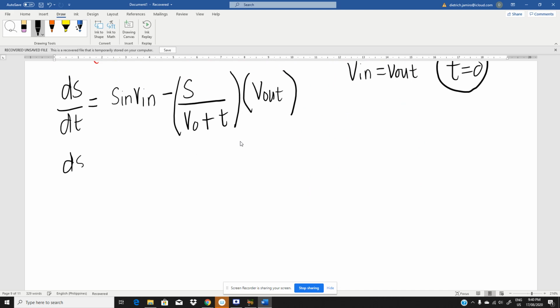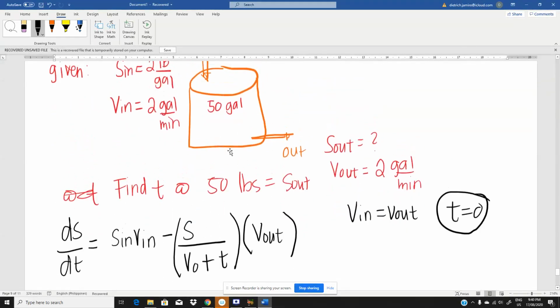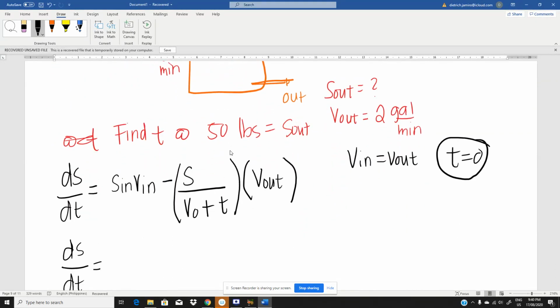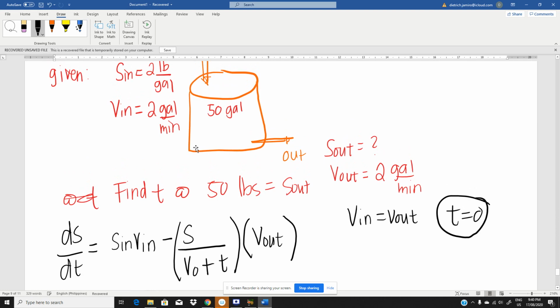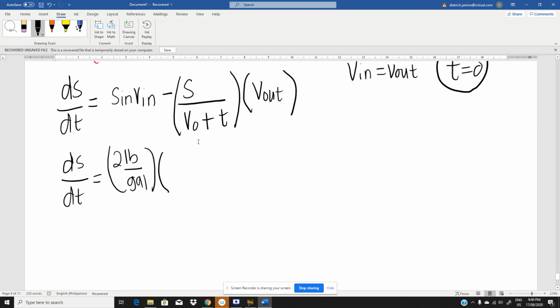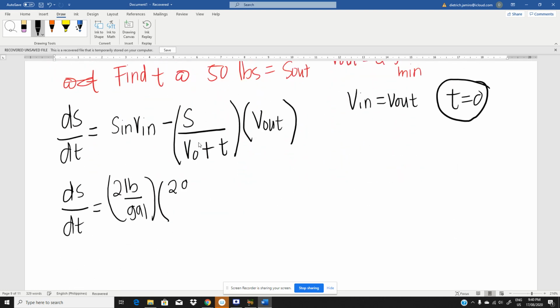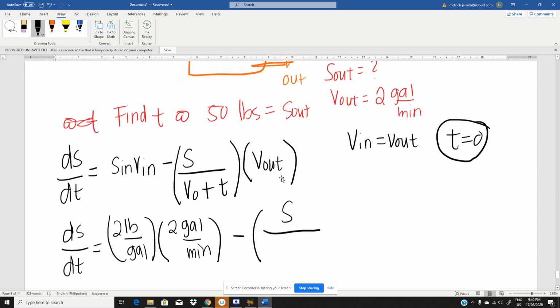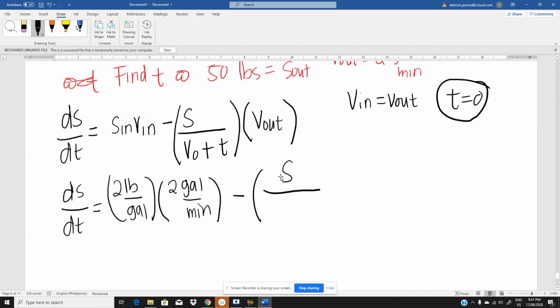So we will have ds over dt is equal to our S in, which is equivalent to 2 pounds per gallon, multiplied by V in, which is equivalent to 2 gallons per minute, minus quantity S all over our V sub O, which is the initial volume of our container, 50 gallons.